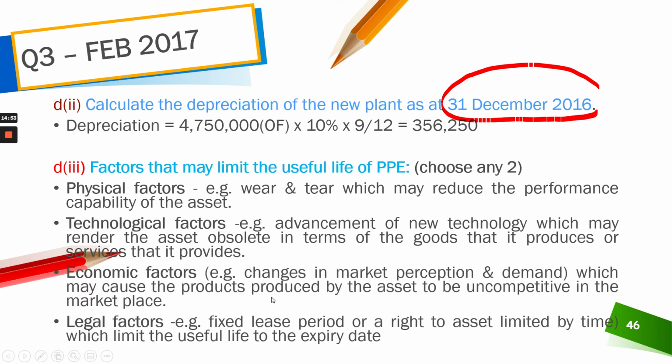Then economic factors such as changes in market perception, demand, and whether or not your asset is still competitive. Legal factors: the ruling or whatever regulation you have to comply with in your jurisdiction.